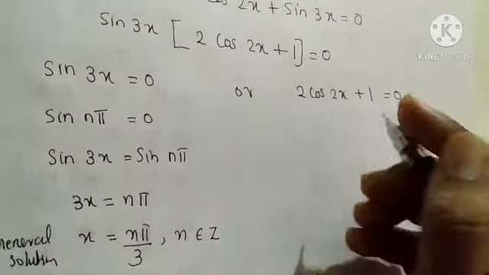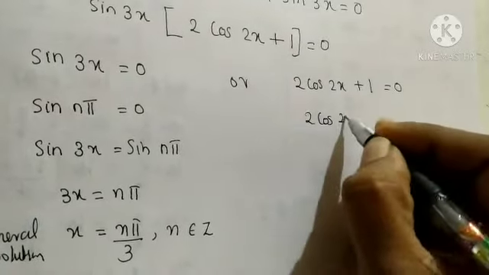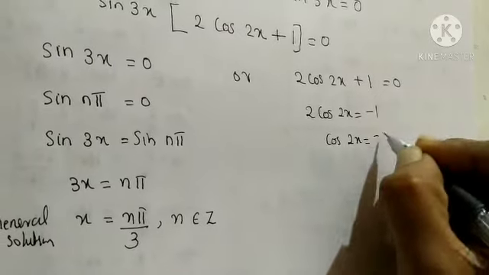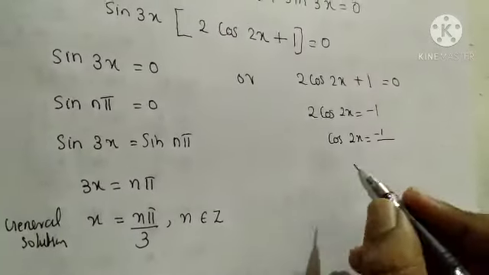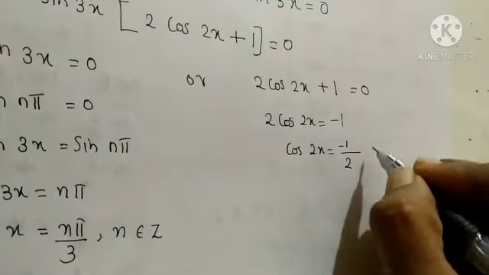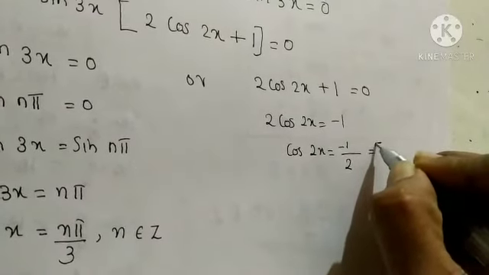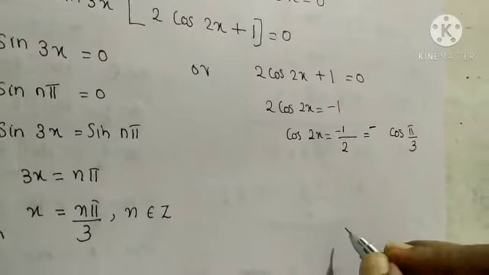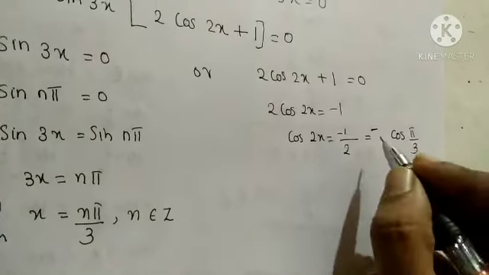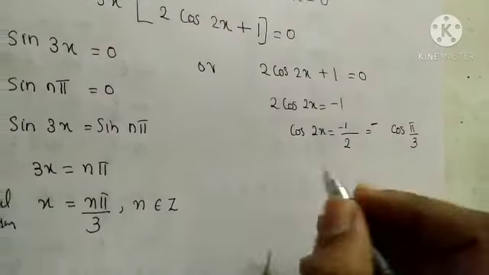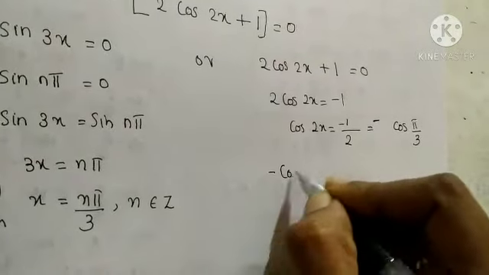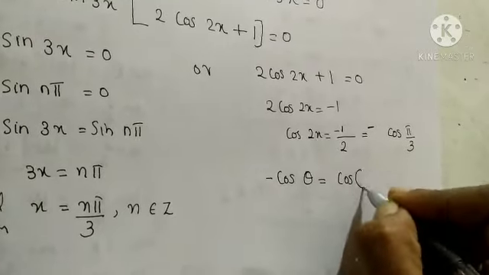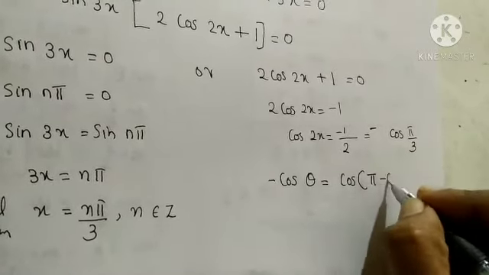And let us consider this term: 2 cos 2x is equal to minus 1. So cos 2x, taking this 2 to the RHS, will become minus 1 by 2. And we know that cos 60 is 1 by 2, so minus cos pi by 3 here. We know that minus cos theta can also be written as cos (pi minus theta).